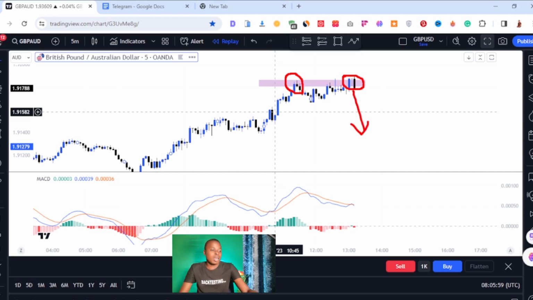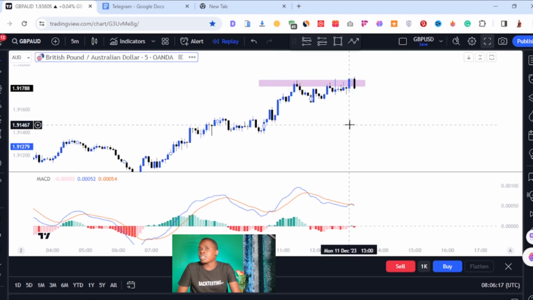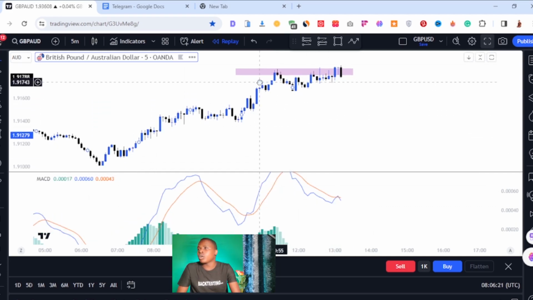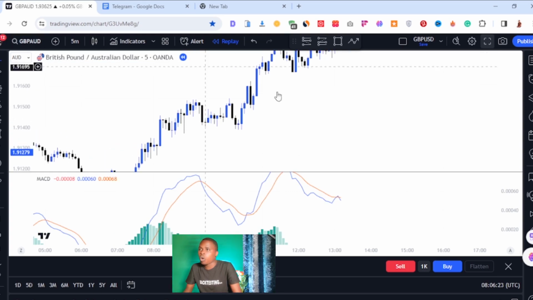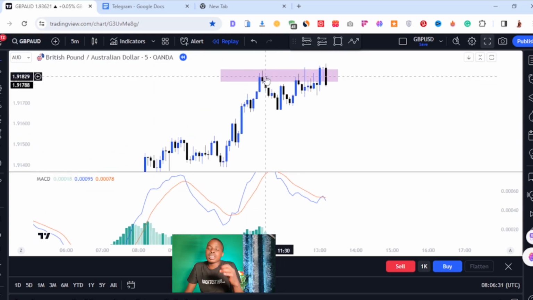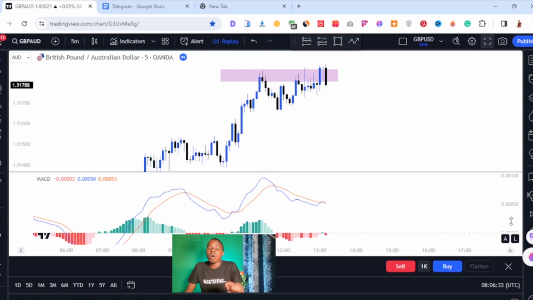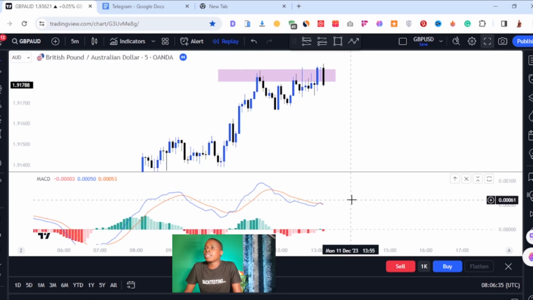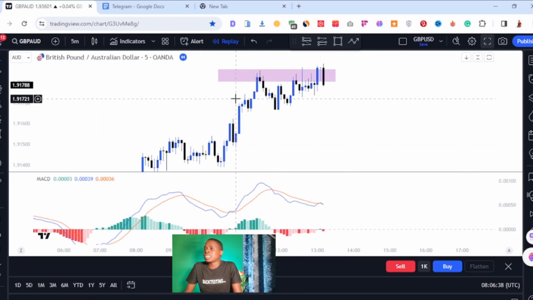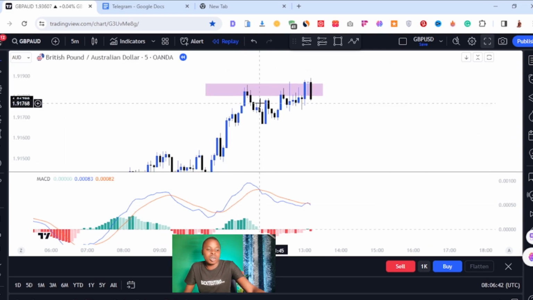This can work because you can take this as a double top, the first top right here and the second top here, or a triple top. The main reason is that this is an area of value. This is a zone the market has tested multiple times, and as a confirmation we have a shooting star candlestick pattern here.